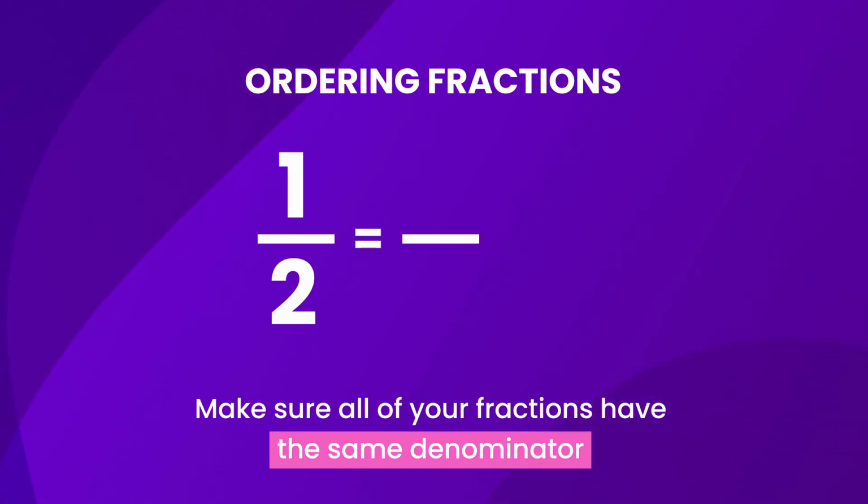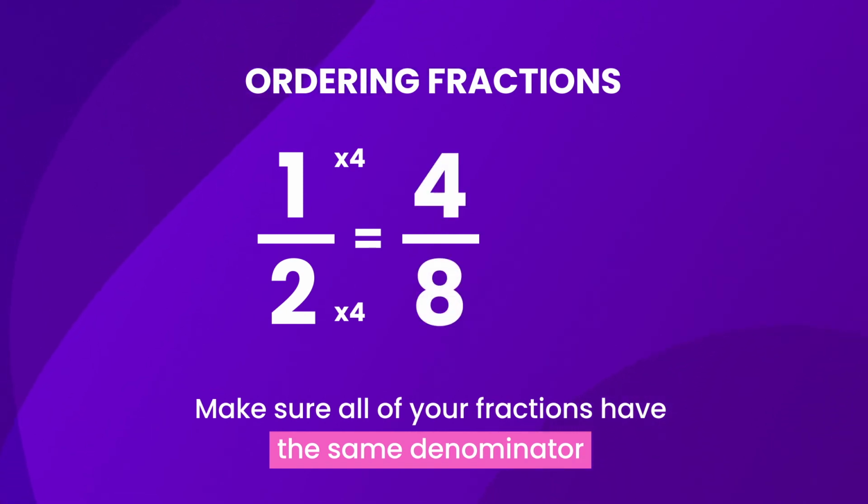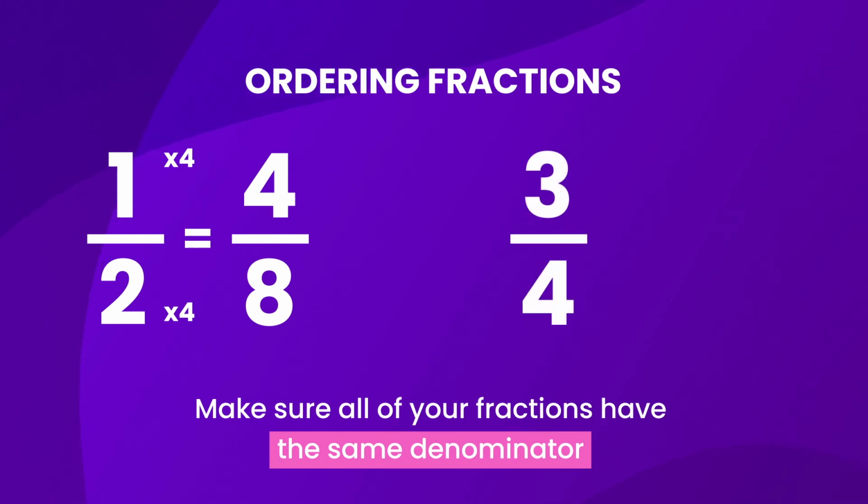So to get from 1/2 to an equivalent fraction with 8 as a denominator, we multiply the numerator and the denominator by 4. 1 times 4 is 4, and 2 times 4 is 8. To get from 3/4 to an equivalent fraction with 8 as a denominator, we multiply the numerator and the denominator by 2.